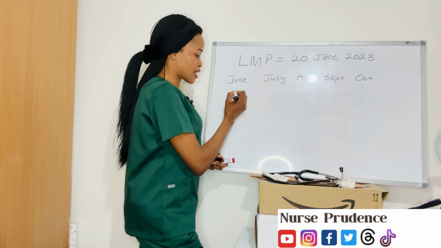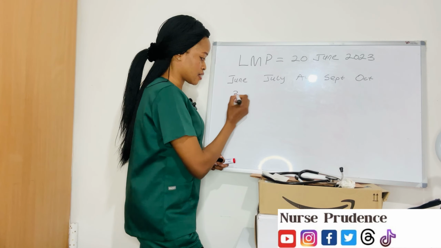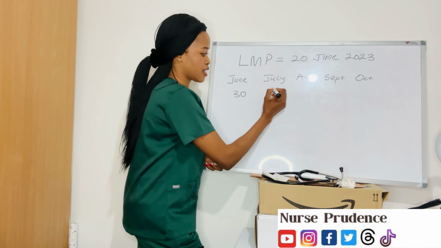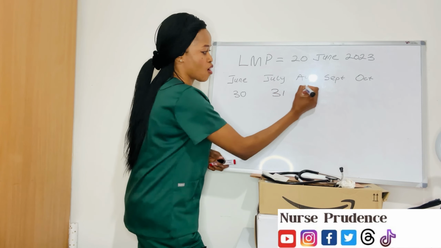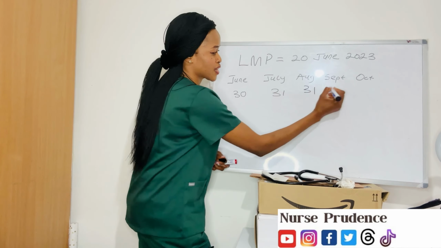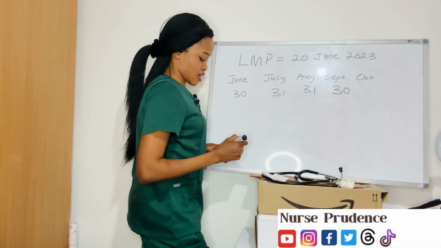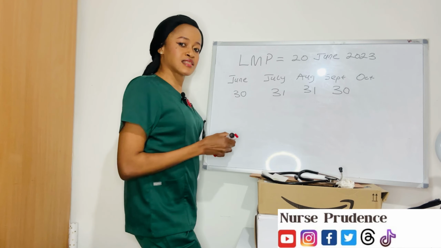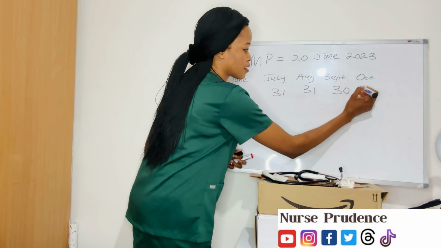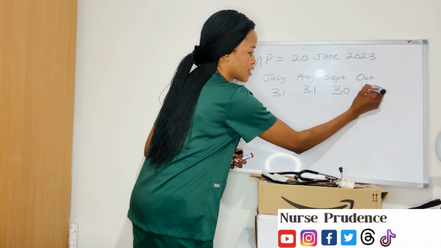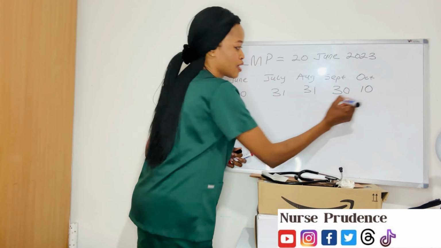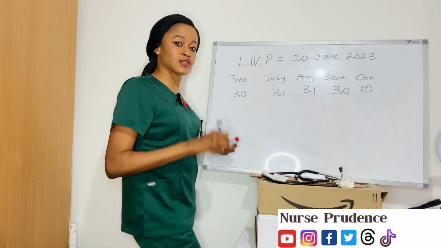Now, June is 30 days, July is 31 days, August is 31, September is 30. And today's date is 10th of October. So you will write 10 because we want to calculate up to today's date.